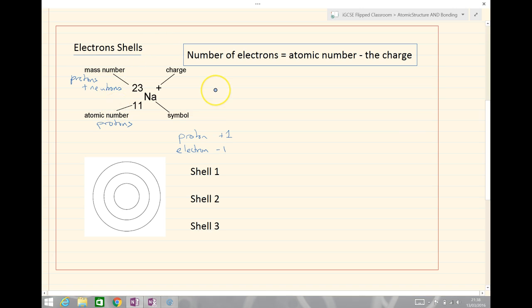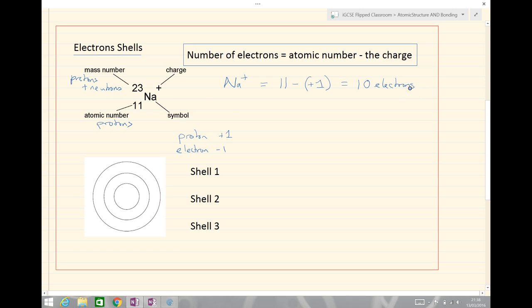So our number of electrons in our sodium 1+ ion is equal to the atomic number, which is 11, and it's got a charge here of 1+. So we take away +1, giving us, in this example, 10 electrons.